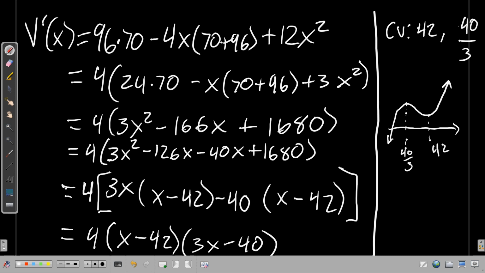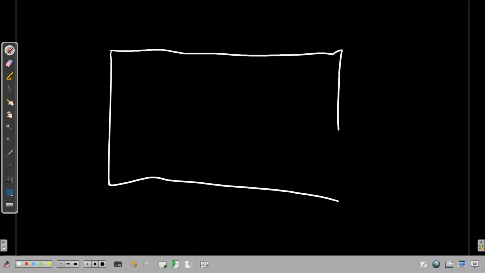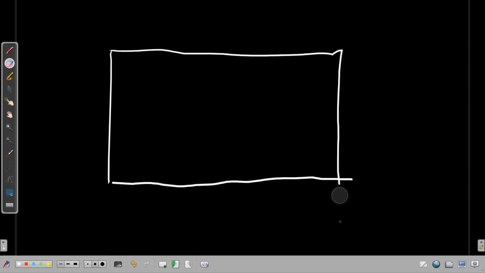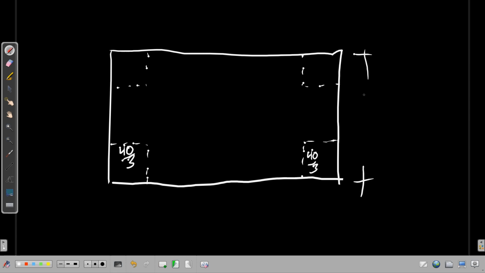All right, so then that means that our original piece of plastic that we were going to carve up, the squares we're going to cut out have side lengths that are 40 over 3, and this long edge was 70, and this edge was 96.